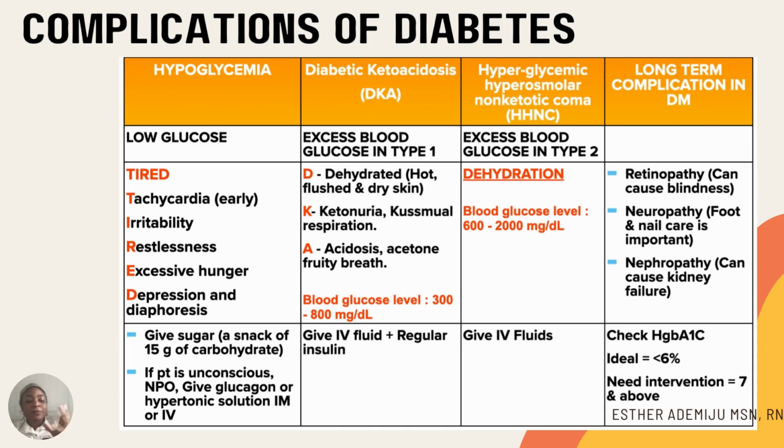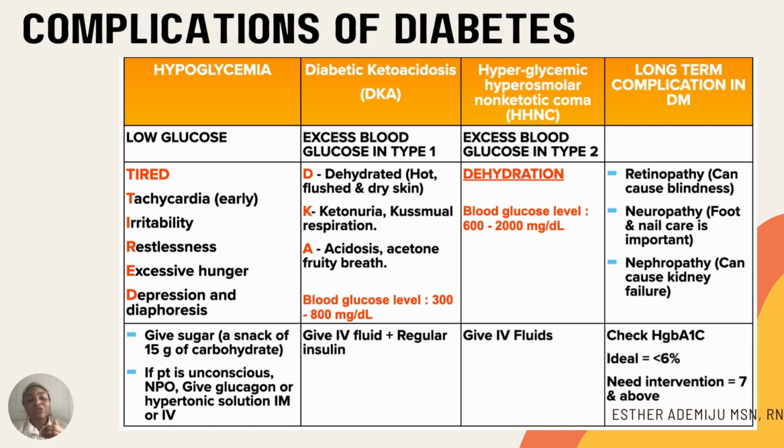It's kind of like imagine putting a whole lot of sugar in a bowl and just a little bit of water. It's just sugar, no water. Your body needs you to drink, that's why your diabetic patients drink water so much. But this patient is so dehydrated that it now causes their blood sugar level to be ridiculous.